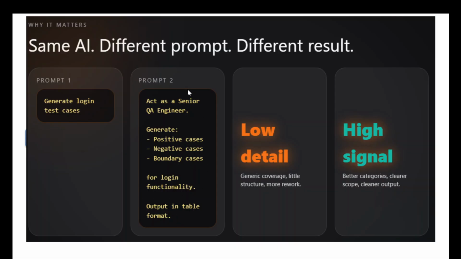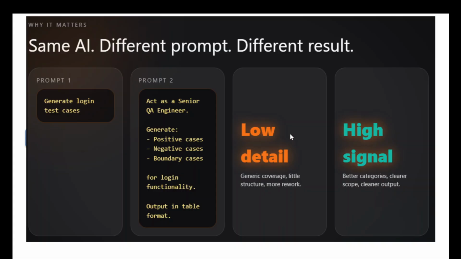Now it is called a better prompt than the previous one because it gives personification to AI. It tells the AI to act as a senior QA engineer. It also provides the context, what type of cases I want. It also provides the login functionality context, and the output format in which I want the output.